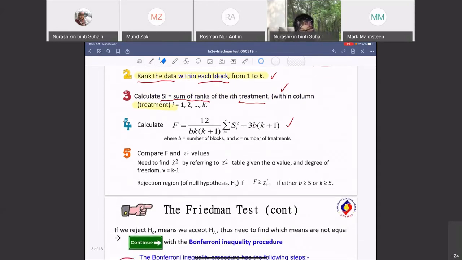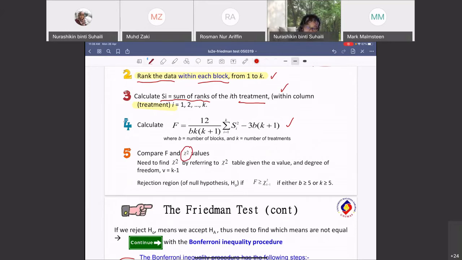Step 5 is to compare the F and chi-square values. Once you have calculated the F value, you have to find the chi-square value first, and then compare the two values.